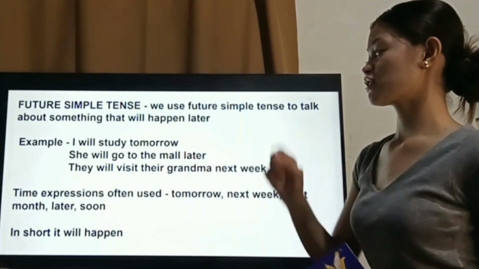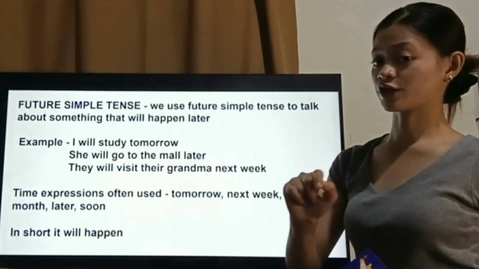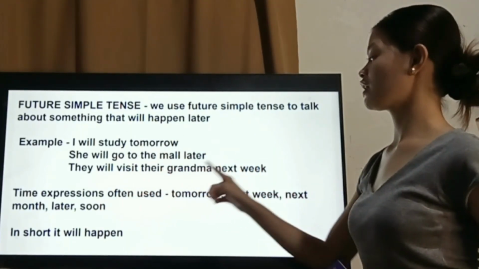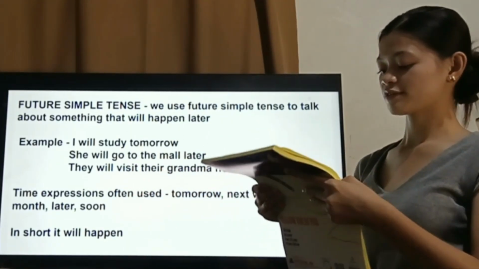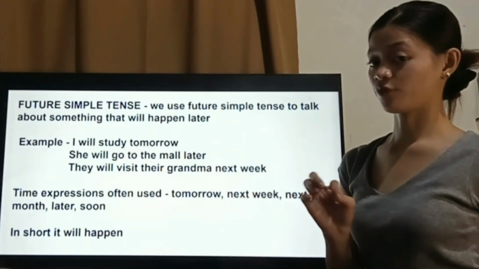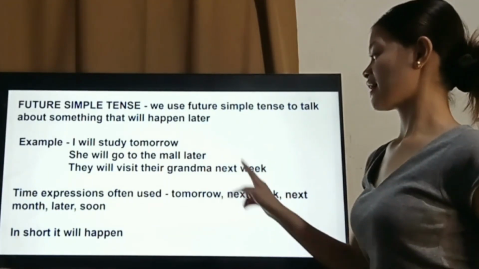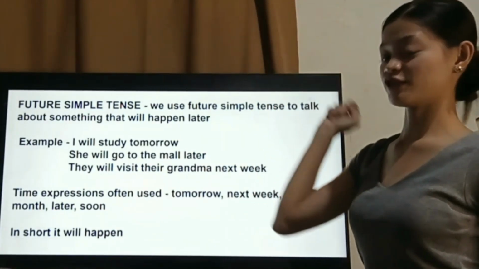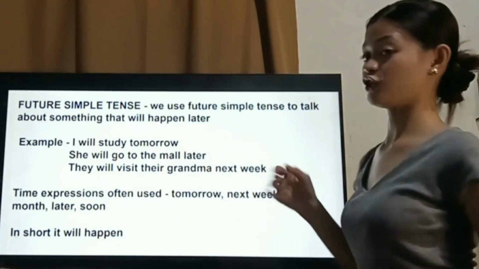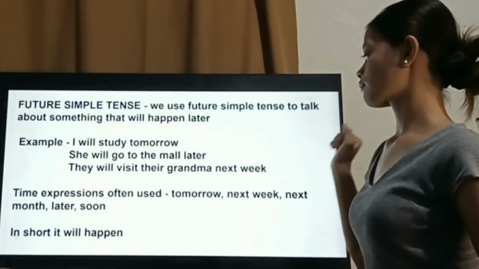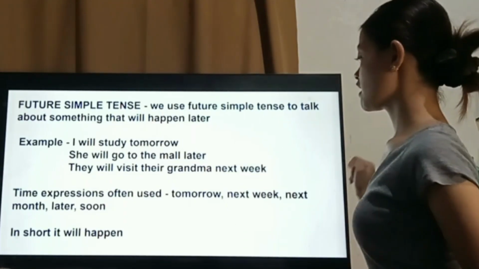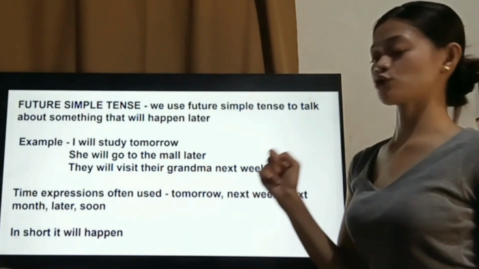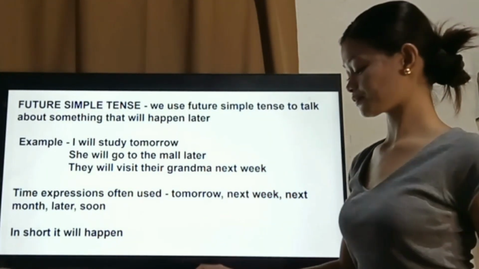Later. Because she will go to the mall later. Third example, they will visit their grandma next week. So the visit is planned for the future, which is next week. Time expressions often used are tomorrow, next week, next month, later, soon, and so on. In short, it will happen.